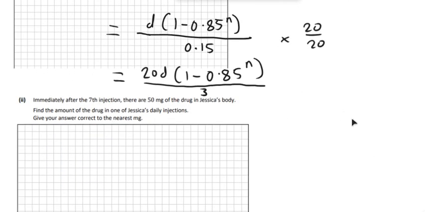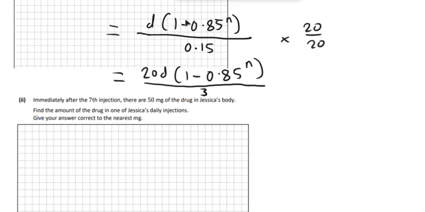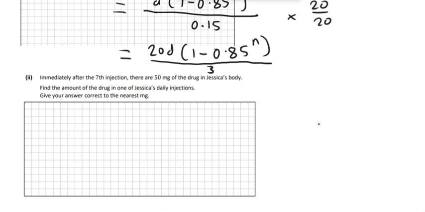Immediately after the 7th injection, there are 50 mg of the drug in her body. So find the amount of the drug in one of Jessica's daily injections. All we're going to do here is let 50 be equal to that when n is 7.